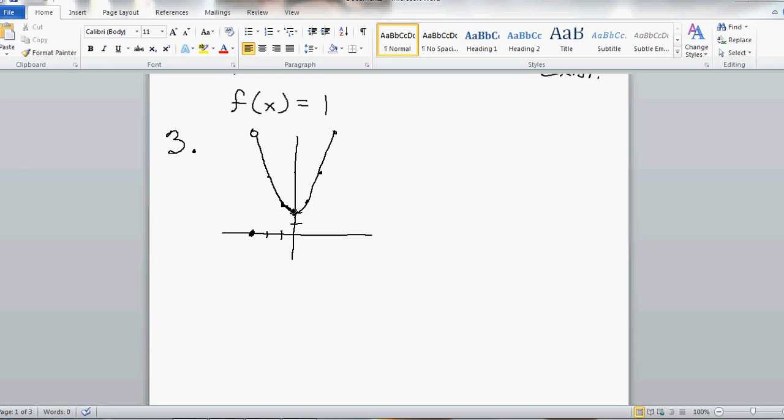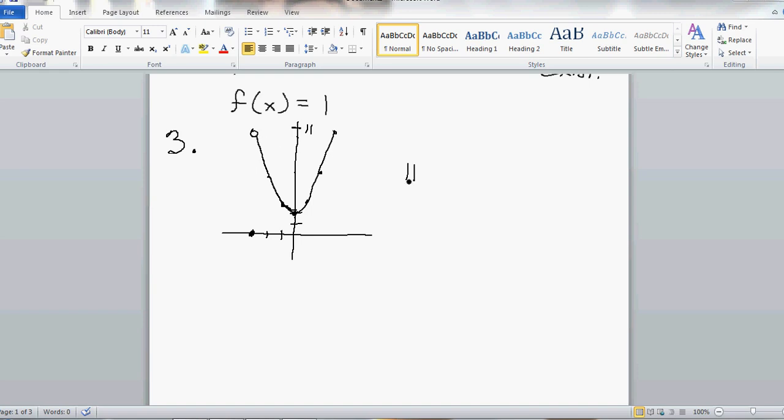But since it's been shifted up 2, this is actually at 11, just for the sake of what we're looking for. Because we're asking, what is the limit as x approaches negative 3 from the right, or from the positive side? So we're going along from the positive side, we're getting closer and closer and closer, and the limit appears to be 11.